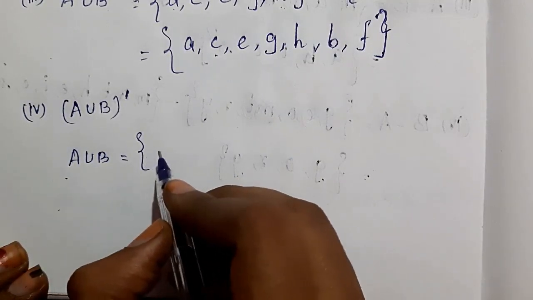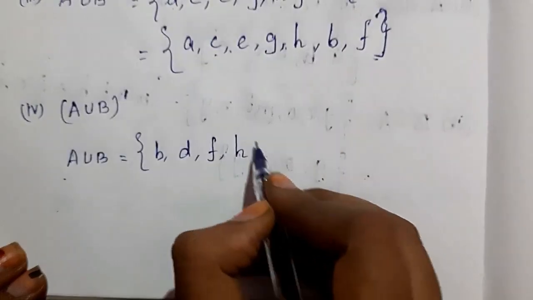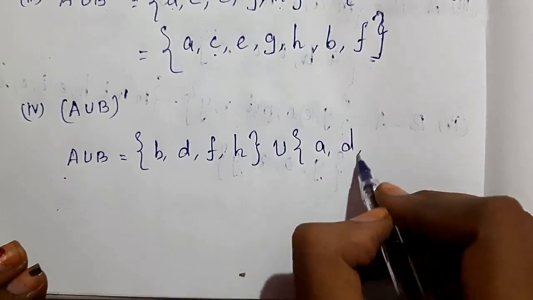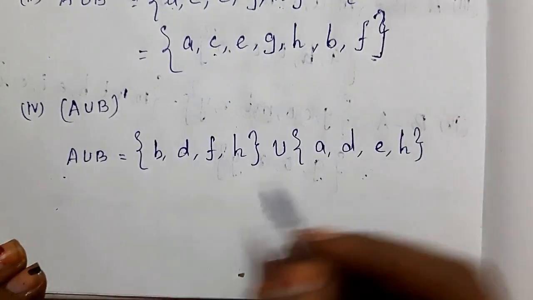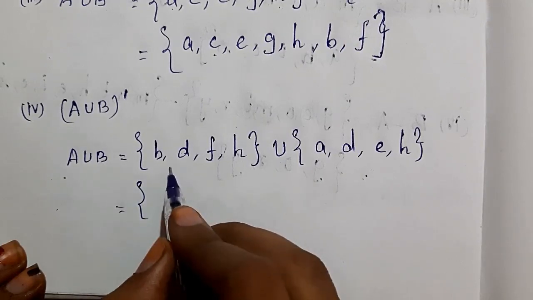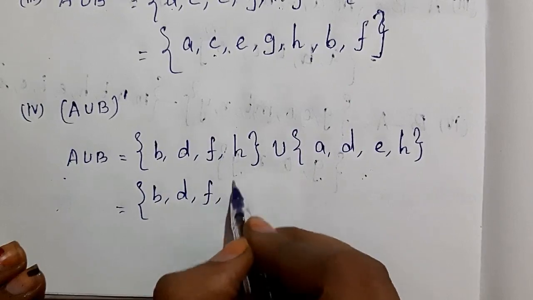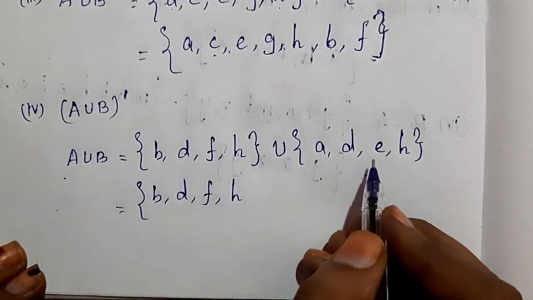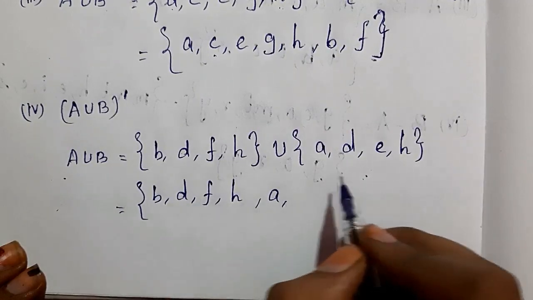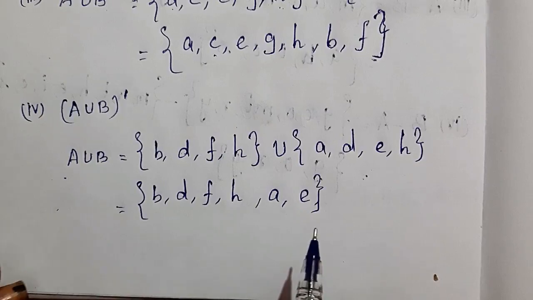So first I am writing the A set B, D, F, H. Then union B set A, D, E, H. So B, D, F, H, I wrote this set. Next we write the next set. A is new, D already written, E is new, H already written. So this is A union B.